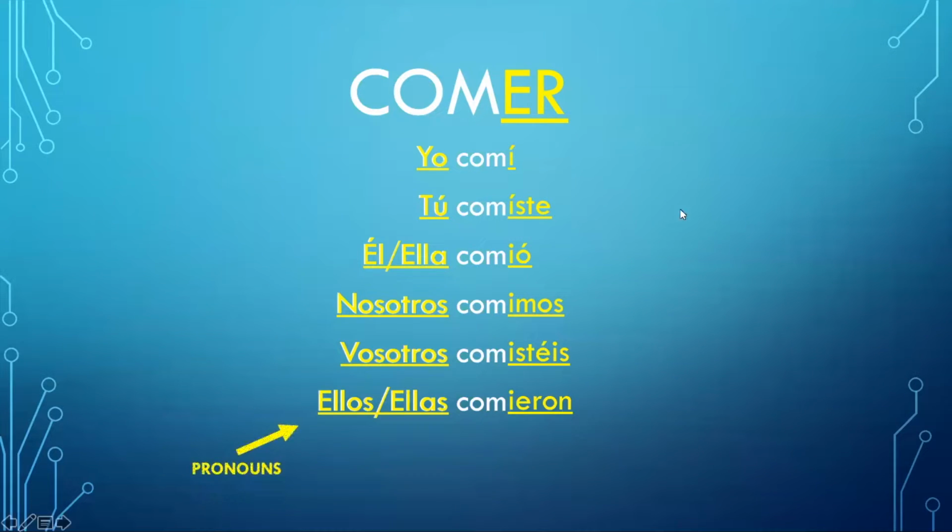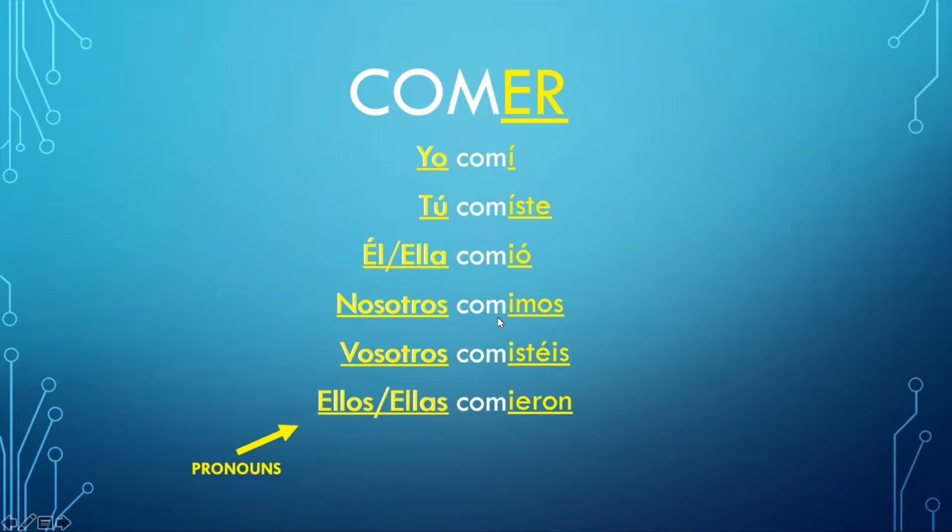Now remember that these words, yo, tú, él, ella, nosotros, vosotros, ellas, ellos, are pronouns. We use them just to show who the person is when we are talking about other people. But the most important thing in Spanish is that we tend to leave them out. For instance, I could easily say comí instead of yo comí, or comiste, comió, comimos, and so on.